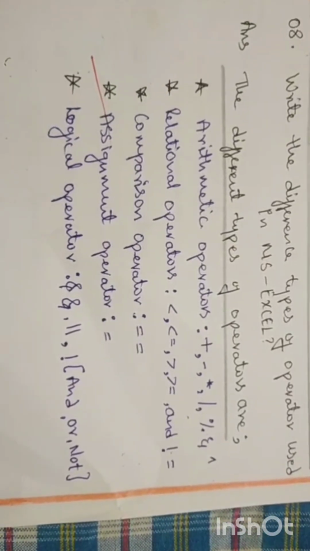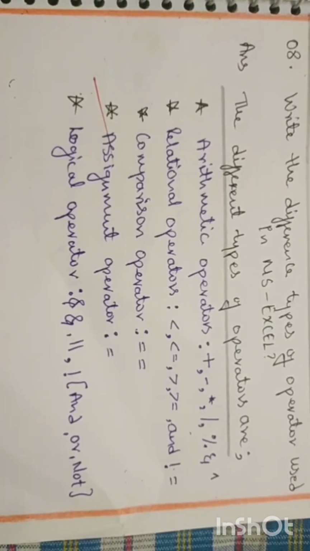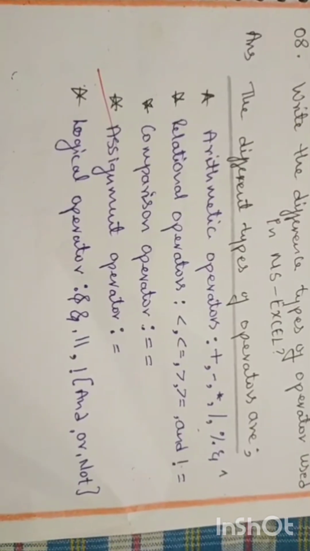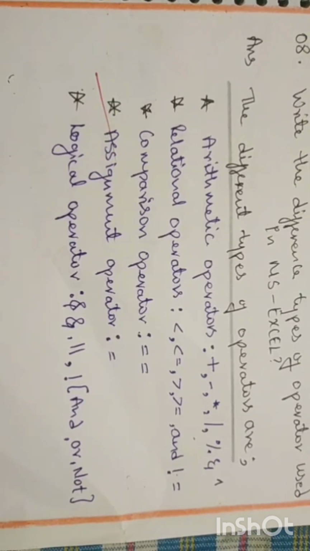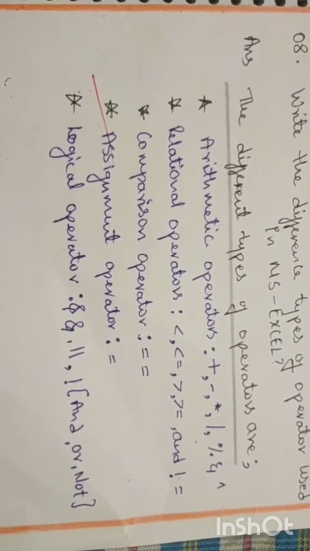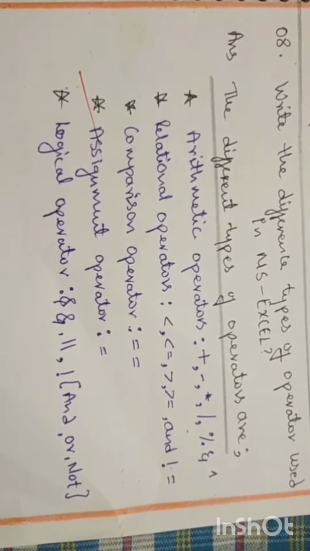Next, write the different types of operators used in MS Excel. What kind of operators do we use? Operators are nothing but the symbols which we usually use in MS Excel. Arithmetic operators like plus, minus, percentages. Relational operators like greater than, equal to.